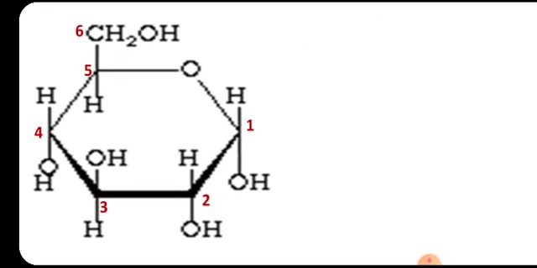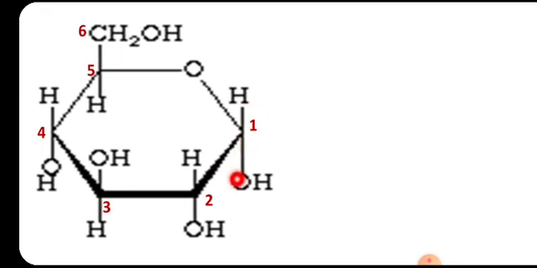Now draw a structure of glucose. As we have learned, carbon number 1, 2, 3, 4, 5 and 6. You can see this is the conformation called alpha conformation.